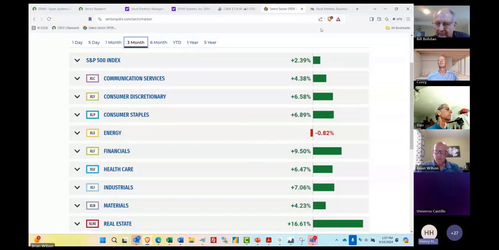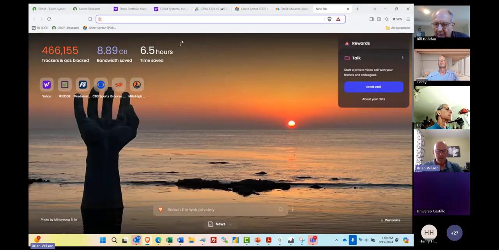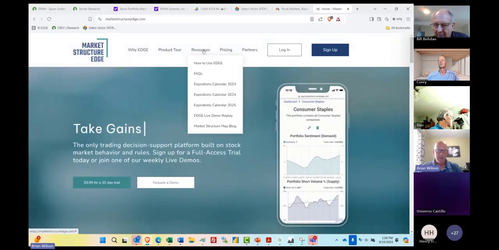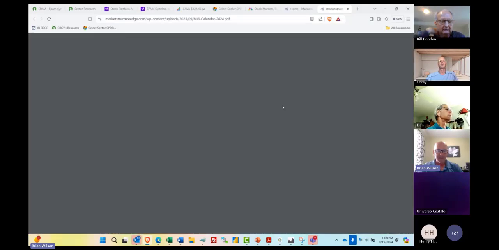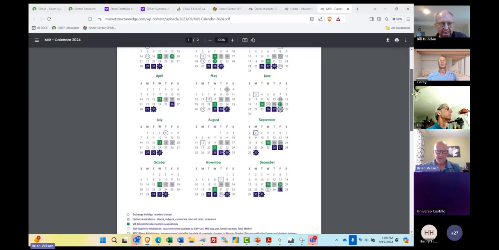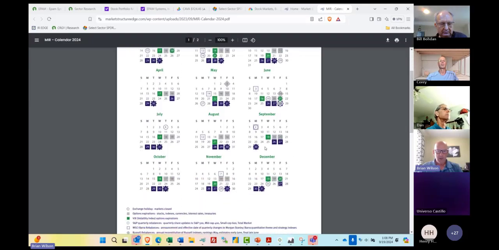We try to tell you what's coming up, but you can go and look there yourself. Just look under resources, expirations calendar, and this will give you everything that's coming up. We're right here on the 19th. We're in the middle of options expirations, fairly clean next week, and then we'll move into month-end activity.